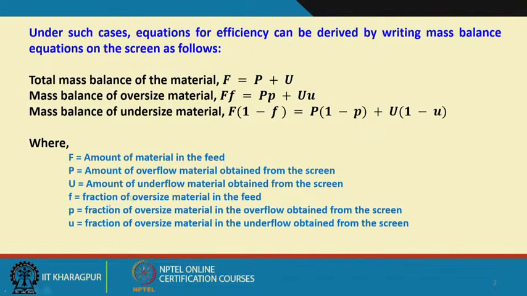So, small p is the fraction of oversized material in the overflow obtained from the screen, and small u is the fraction of oversized material, that is the plus 5 millimeter particles, coarser than 5 millimeter, that reported into the undersized fraction. So, you have got 40 tons of oversized material, out of that say suppose 80% is your plus 5 millimeter.